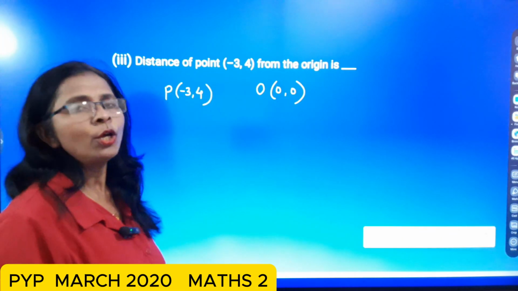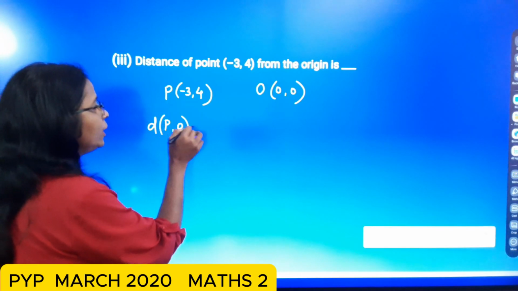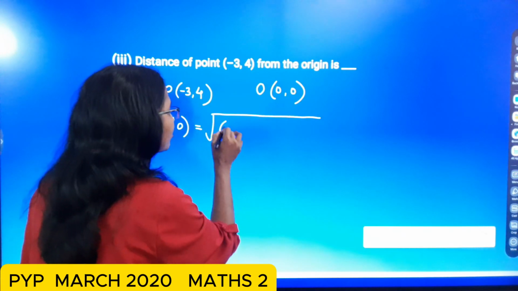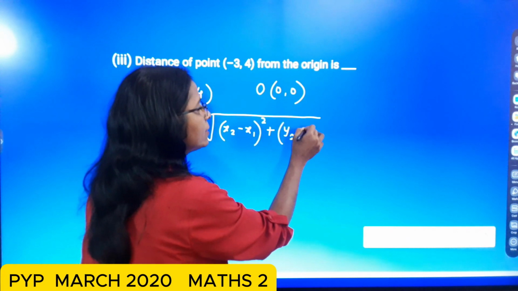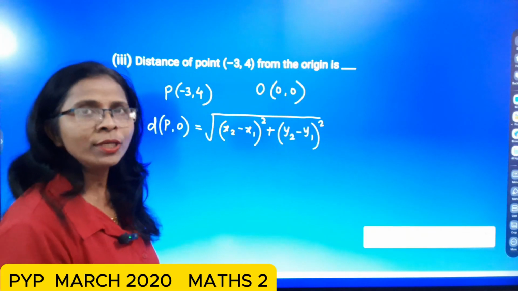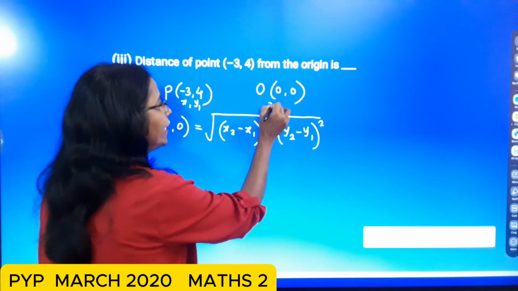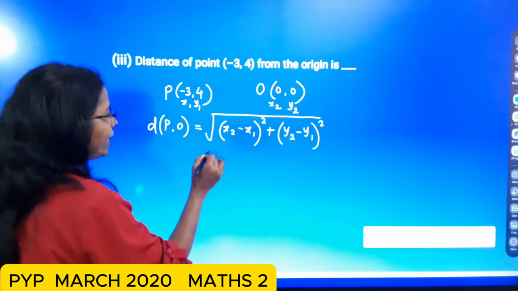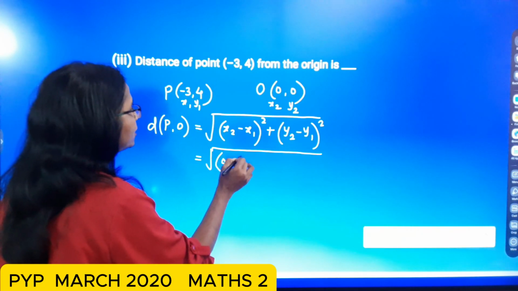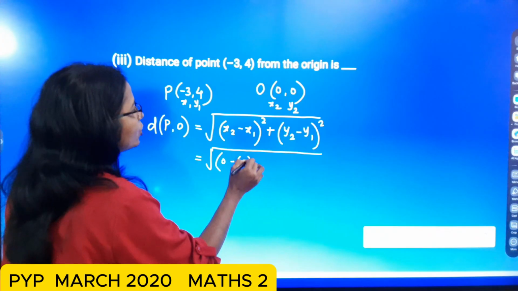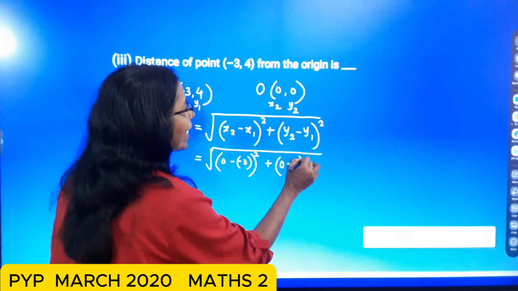Suppose this is P. Now we write the formula: the distance from P to O is equal to the square root of (x2 minus x1) whole squared plus (y2 minus y1) whole squared. Consider this as x1, y1 and this as x2, y2. So it is equal to the square root of (0 minus (-3)) whole squared plus (0 minus 4) whole squared.